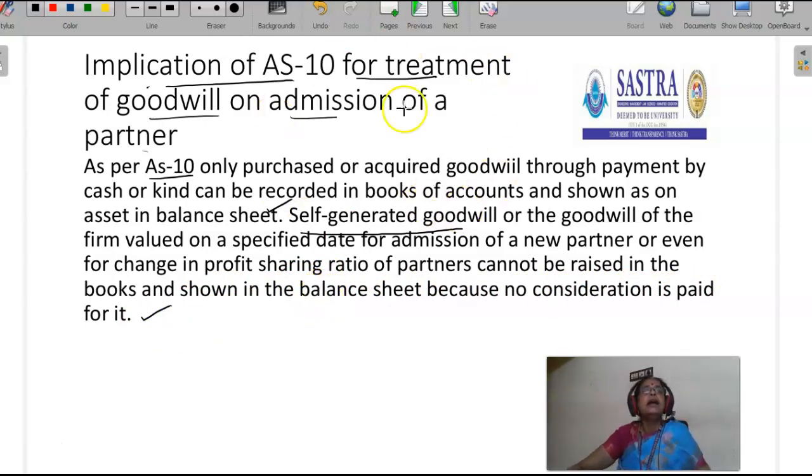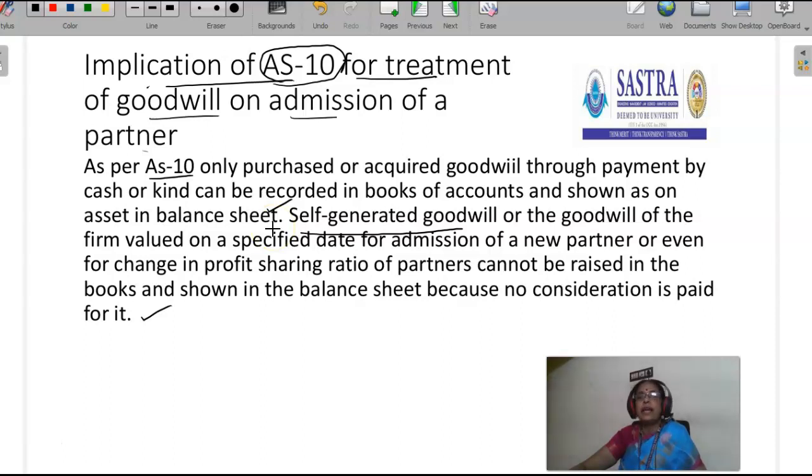Previously, before this accounting standard rules, the goodwill could be raised in the balance sheet without the payment. But after the AS 10 implication, the goodwill should not be raised in the books of accounts and shown as an asset in the balance sheet.